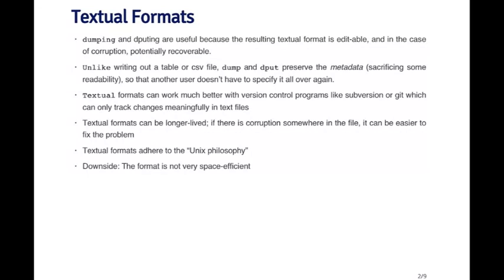Because if the metadata do not get carried with the data set itself, then they can get lost if they get transferred somewhere else. And if you don't remember what the metadata are, for example, the classes of the different columns, then you have to reconstruct that from scratch. So that's one advantage of using a function like dump or dput to output data from R.